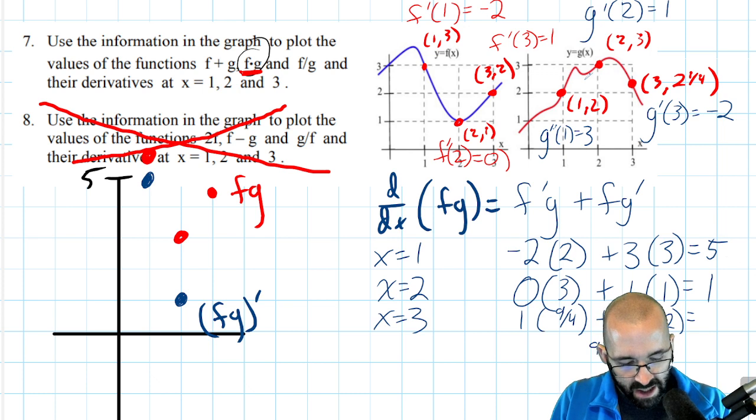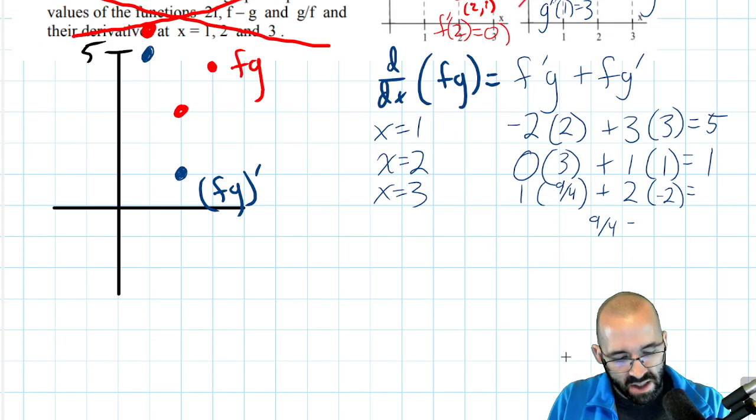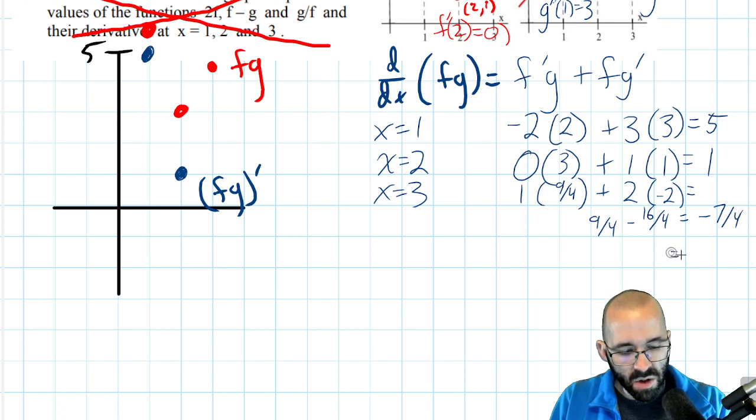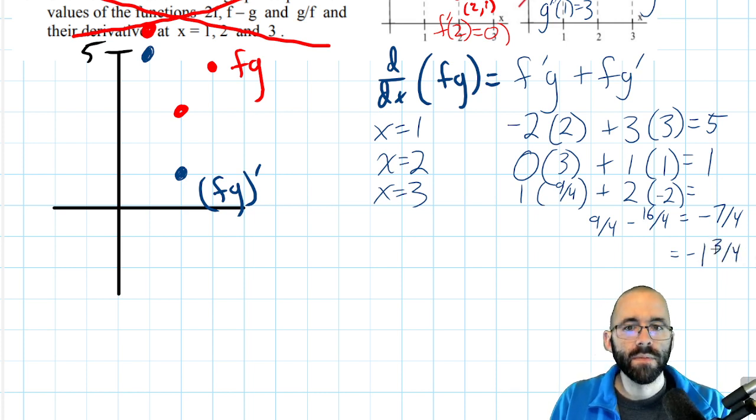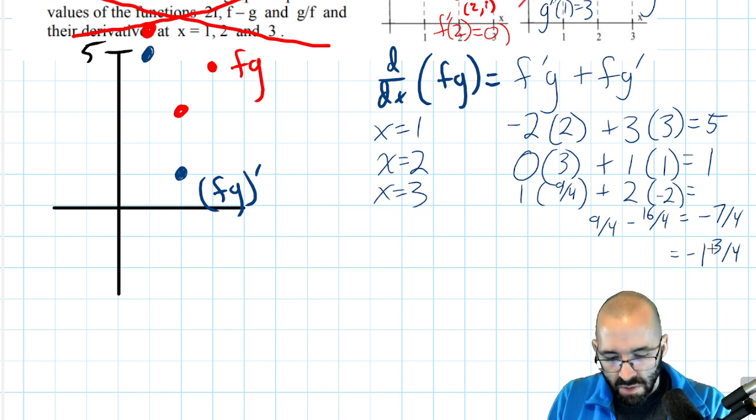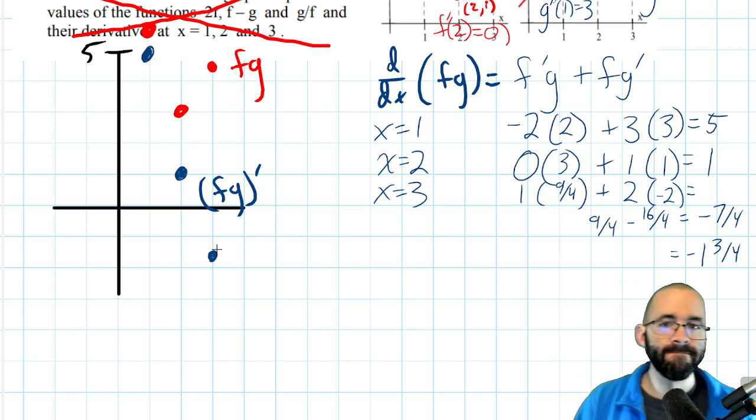That's a little harder. You're going to get 9/4 minus 4. 4 is 16/4. We're going to say about -7/4 or -2 1/4. No. -1 3/4. So -1 3/4 will be about right there.